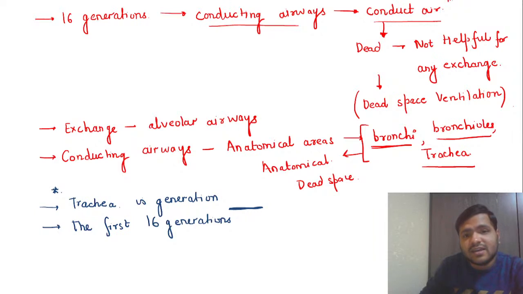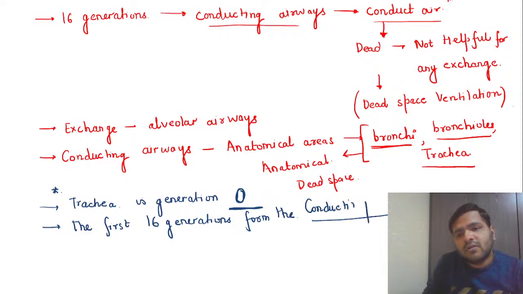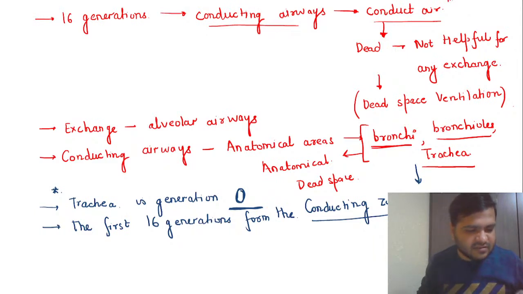The trachea is at generation 0. The first 16 generations form the conducting zone, which consists of the trachea, bronchi, bronchioles, and the terminal bronchioles. Yeah, everyone is right.